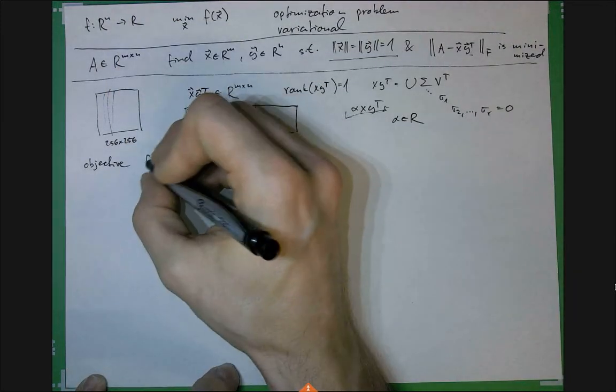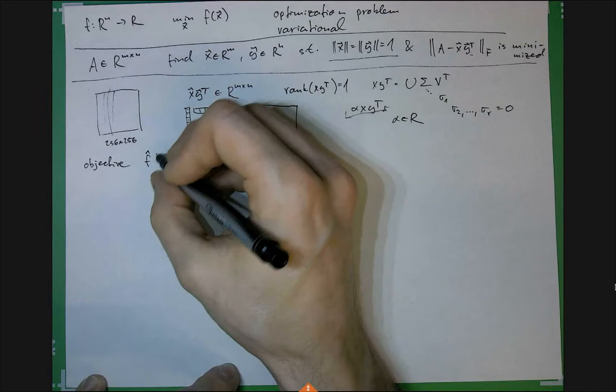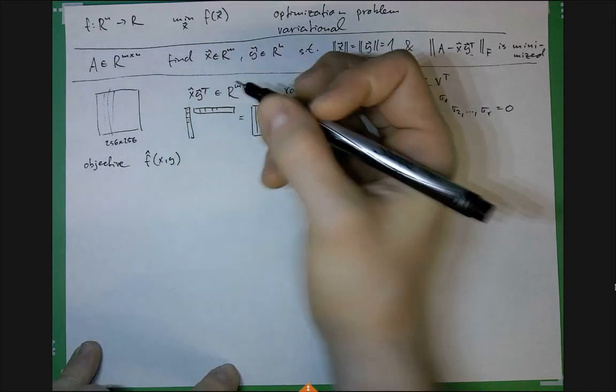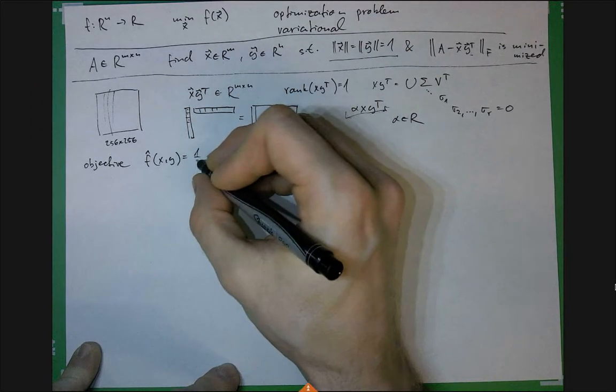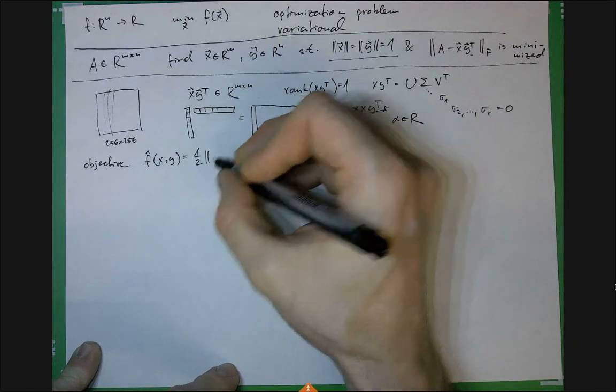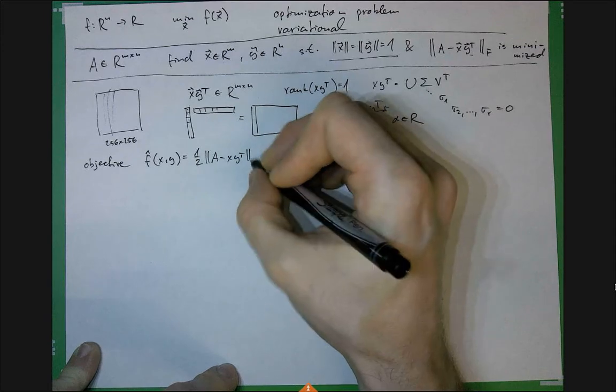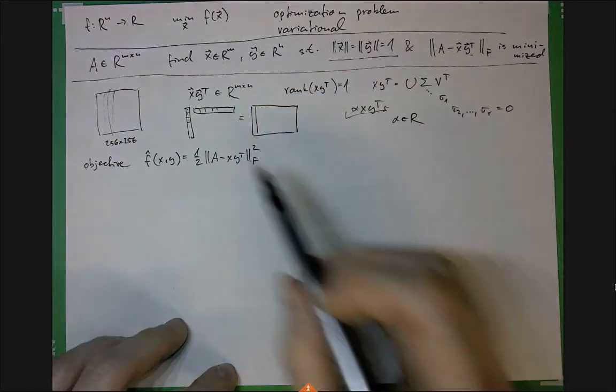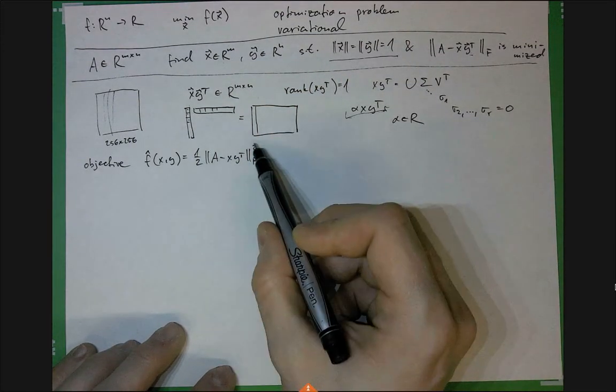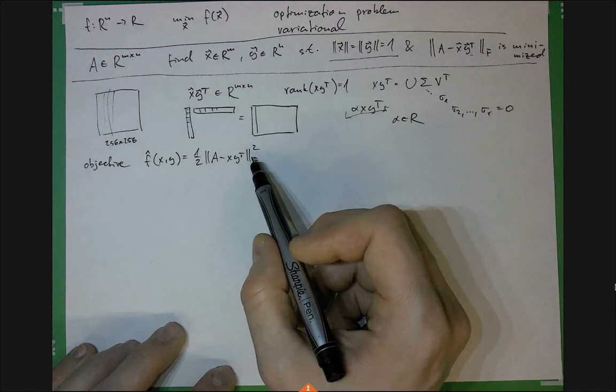So I can define the objective to be a function f hat. I will explain when we get a little further why I put the hat there. This is just a technicality, that I square it. Why do you think I'm squaring it here?